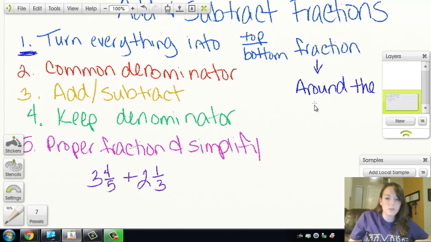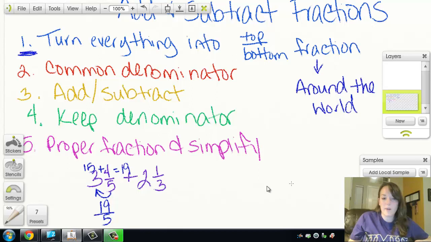Around the world. So I do 5 times 3 is 15 plus 4 is 19. So I have 19 over 5. And over here I've got 3 times 2 is 6 plus 1 is 7. So I have 7 over 3.